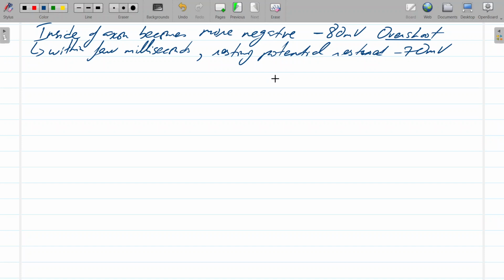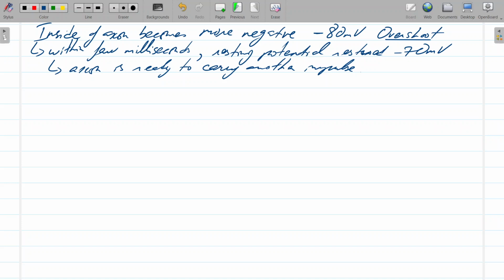And now the axon is ready to carry another impulse. But there's a bit of detail to that as well. So it's not going to just happen.